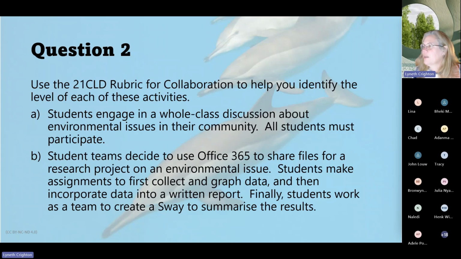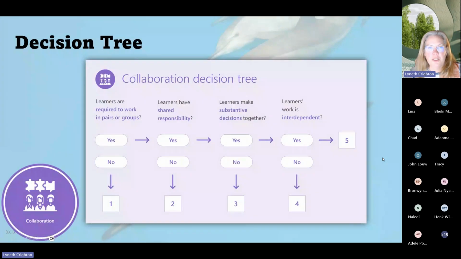It's okay. So they're not working in a group or a pair. So if we looked at the decision tree, the answer would be no. So it's level 1 on the collaboration rubric.